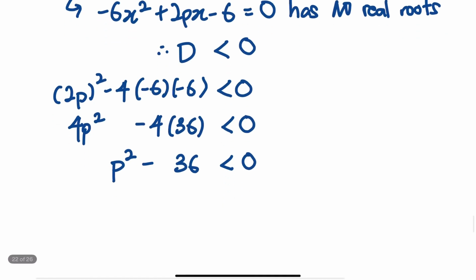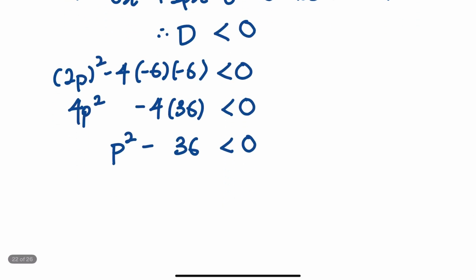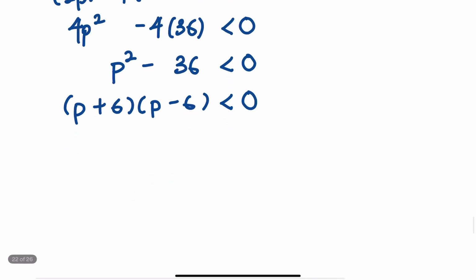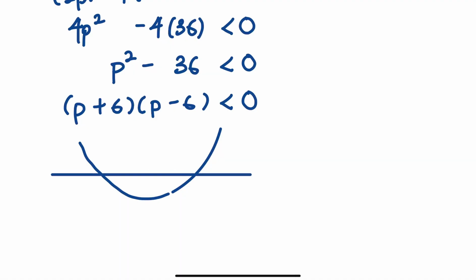So by factorization, this is a squared minus b squared. This will be (p plus 6) times (p minus 6) less than 0. Therefore, to solve this quadratic inequality, I draw a smiley face curve. The intersections to this smiley face curve are negative 6 and 6.